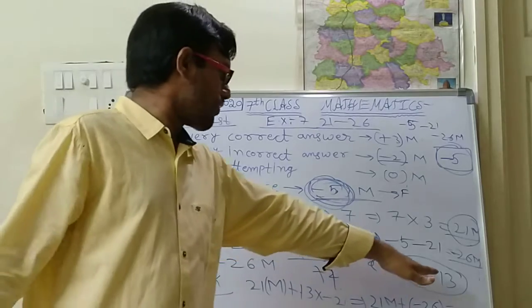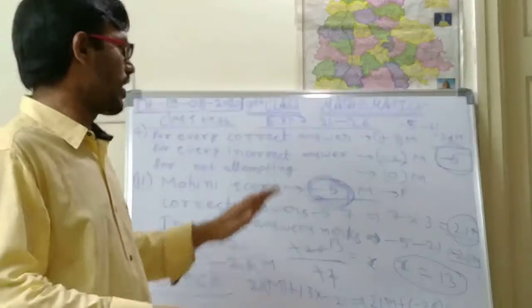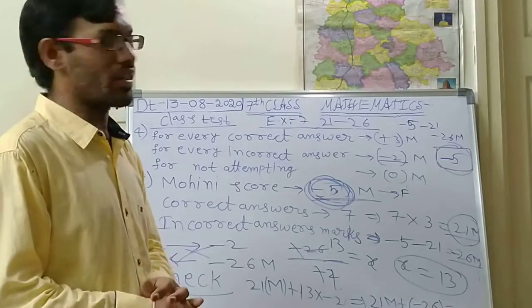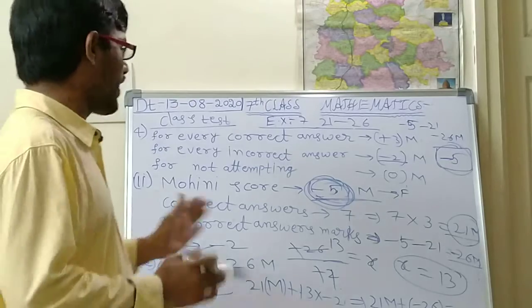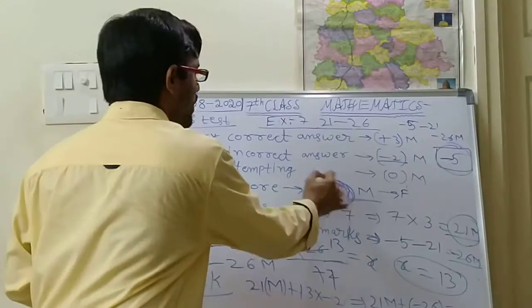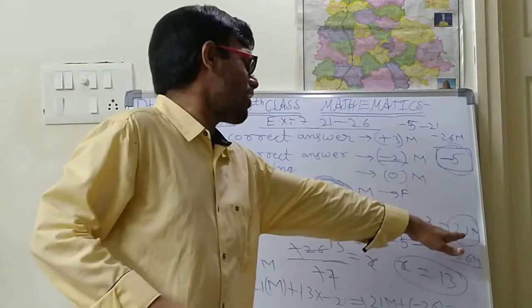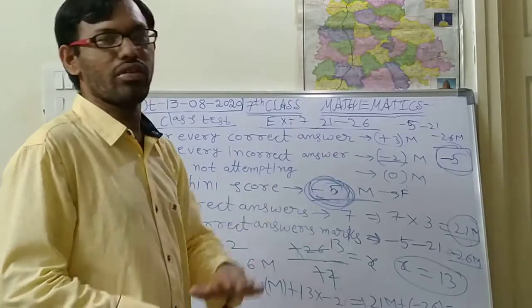So what are the incorrect answers of Mohini? 13 is the incorrect answers for Mohini. I think you have understood this problem very clearly. There might be some sort of clash because here, with minus 5, I thought that we have to subtract from 25 of minus 5.